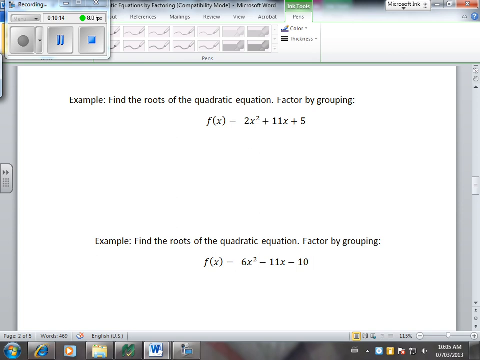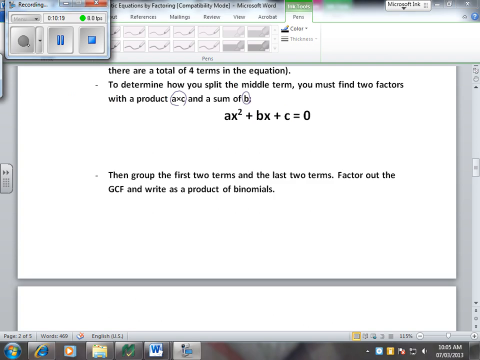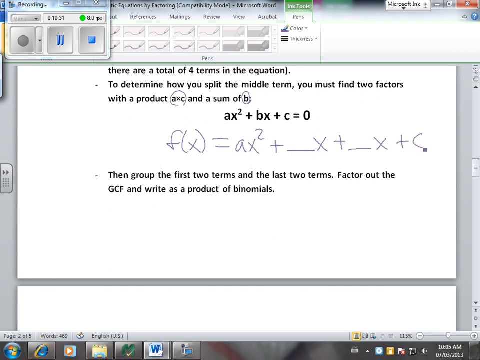So here, just to write this out a little bit, you'd end up with f of x equals ax squared plus something x plus something x plus c. And these would both be numbers. Okay, and that's what we mean by having two x terms.